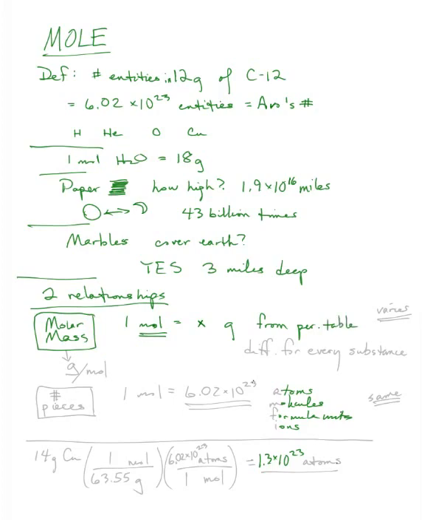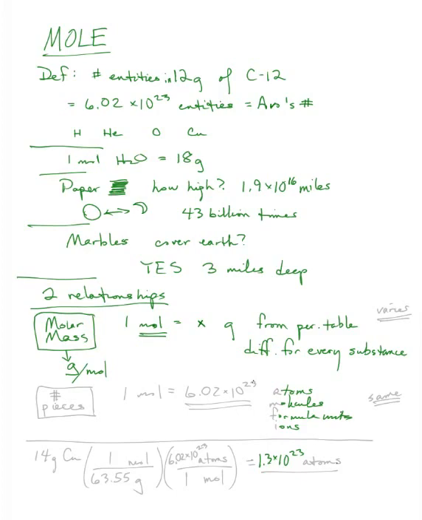It's different for every substance. We look at oxygen, and it says 16, so that's 16 grams in a mole. We look at helium, and it's 4, so it's 4 grams in a mole. It's really important to realize the units of molar mass are grams per mole.